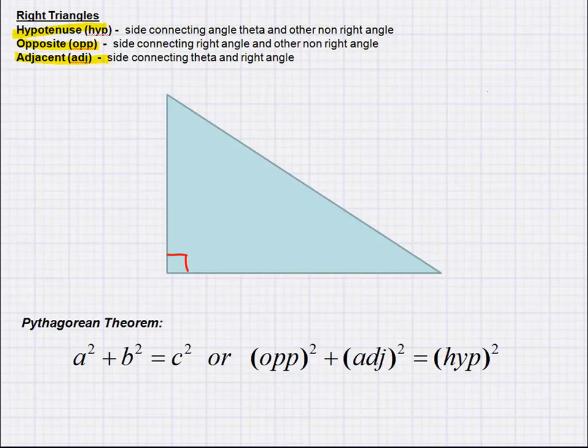This triangle has 3 angles, 2 of which are not the 90-degree angle. So you have your 90-degree angle, then this angle here, which we'll call beta, and this angle here, which we could call theta. Let's look at theta.